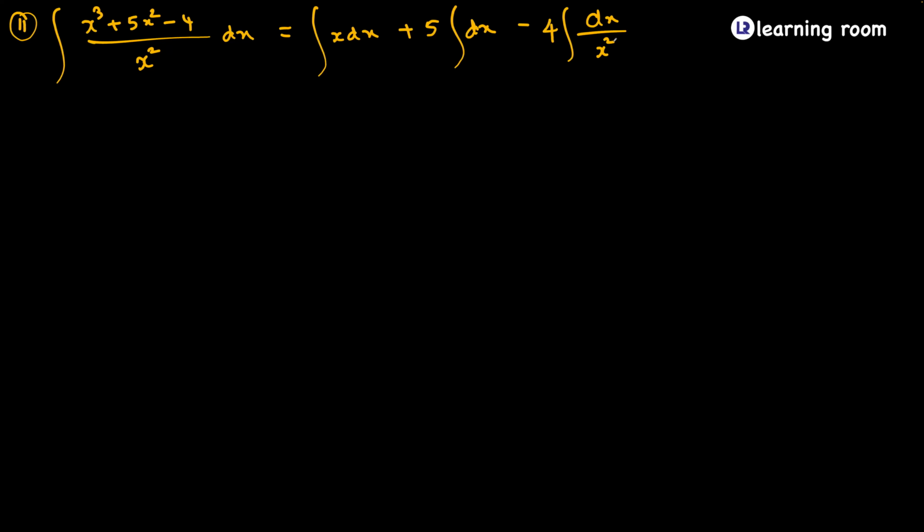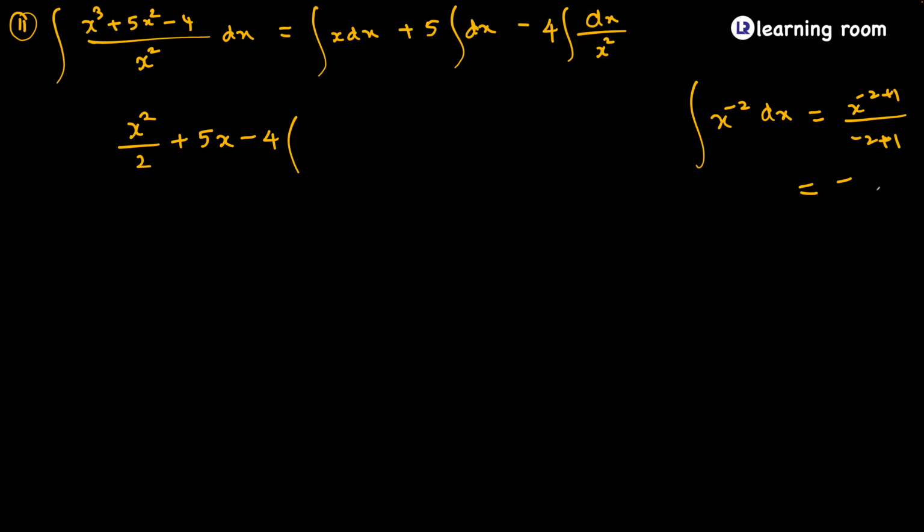Everybody? Right? So what is integral of x dx? It is going to be x squared by 2 plus 5 into what is the integral of dx? It is going to be x minus 4 into integral of 1 by x square, which is basically, observe, integral of x power minus 2 dx. So it is going to be x power minus 2 plus 1 divided by minus 2 plus 1.